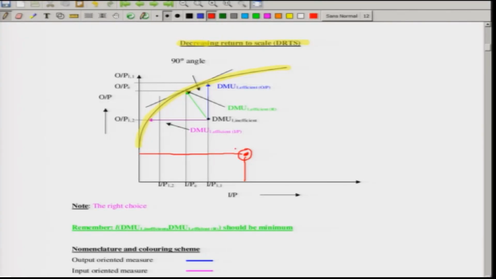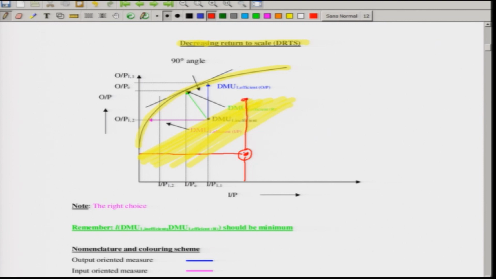It's in this way. Consider there are other sets of DMUs which are scattered. So, I am using these as the set of points which are there. All the points which are there are DMUs. I am just taking this as an example. I will erase this later on. So, consider the point which is here, just vertically up.